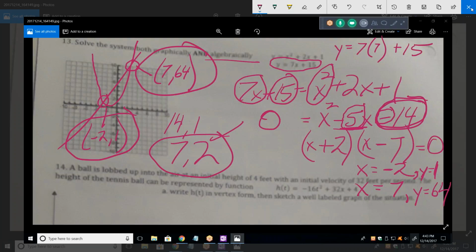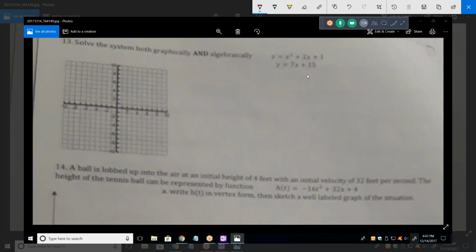And that's always when you have a system of equations that you're solving. You don't always have two solutions. Frequently, if you're solving a set of linear equations, in other words, if I have a line and another line that crosses it, then I only have one solution.